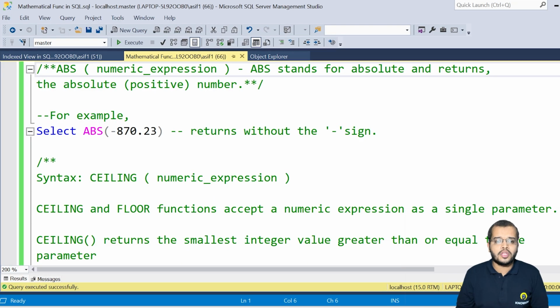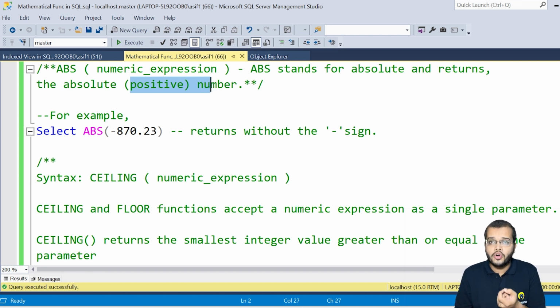The first type of mathematical function we have is ABS. ABS stands for absolute, and it will return the absolute number. When we call it absolute, it means that it is giving us the positive number. The short form that we write as part of a function is ABS.